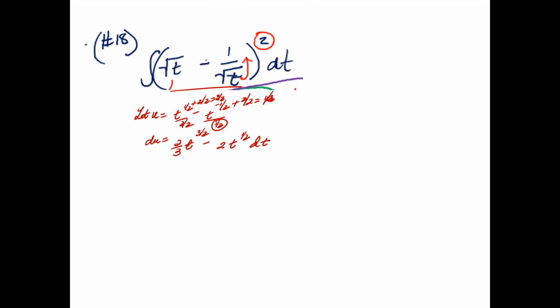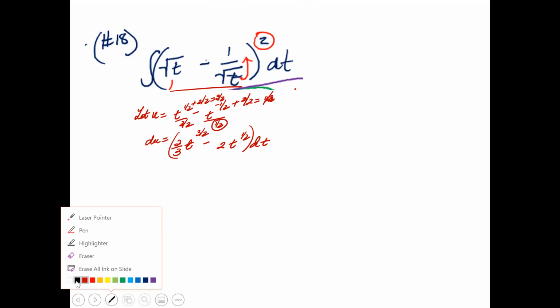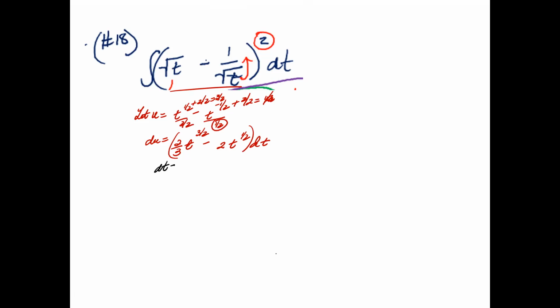Now, I don't know about you, but there is just really no way that I'm going to be able to cancel this with a thing on top. I mean, if you were to go ahead and solve for dt, du equals 2/3 t to the 3 over 2 minus 2t to the 1/2.